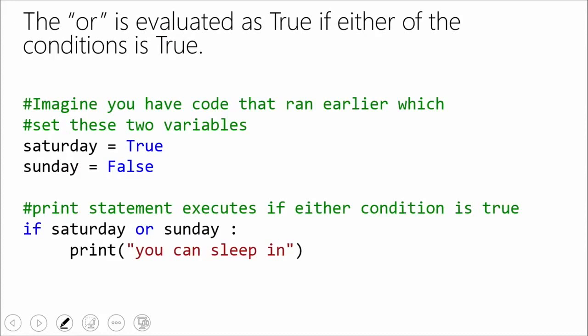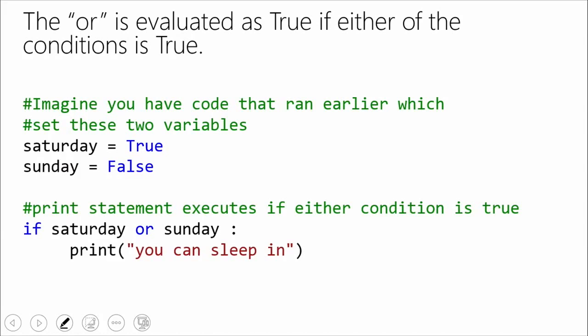Even though in English people will frequently say and, listen to what they're trying to communicate, because quite frequently you're going to need an or. So one side or the other.